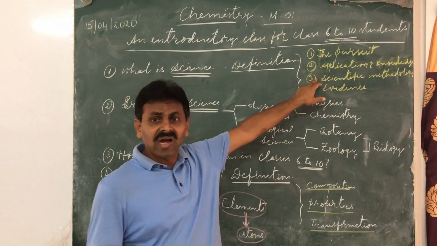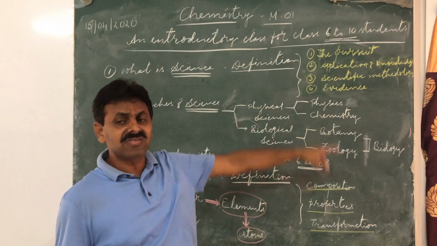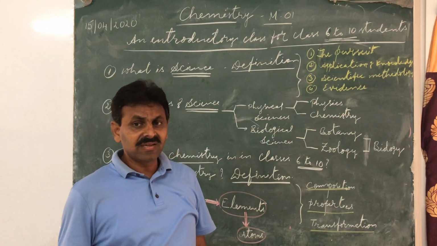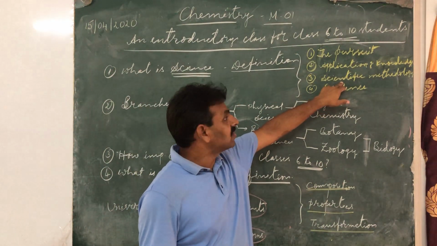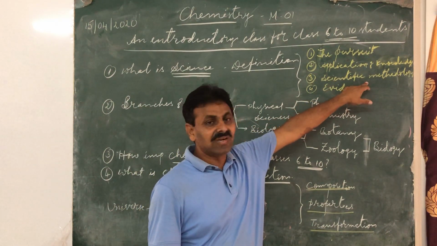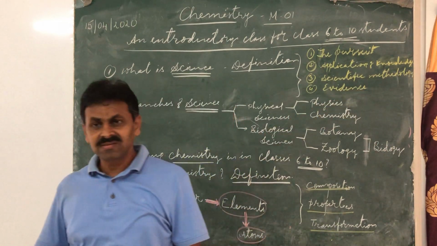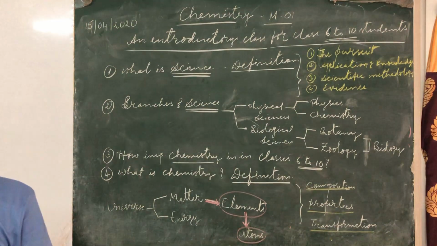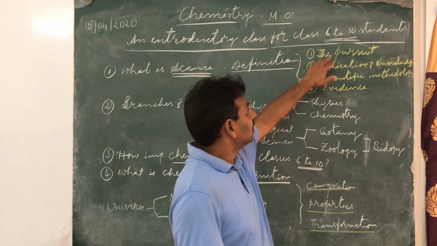How do you do that? How do you understand the nature? How do you understand the society? You will have to follow scientific methodology based on the evidence. Simple. So you can make your own definition. I'll repeat this.